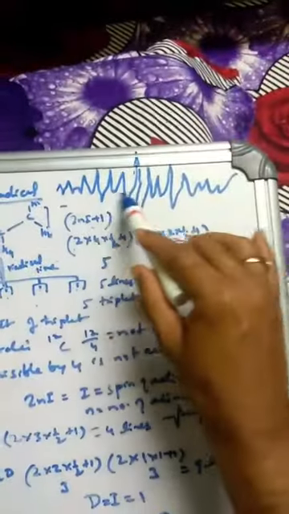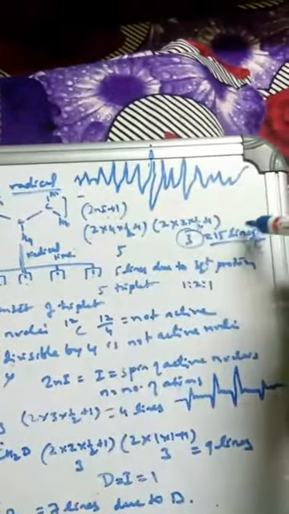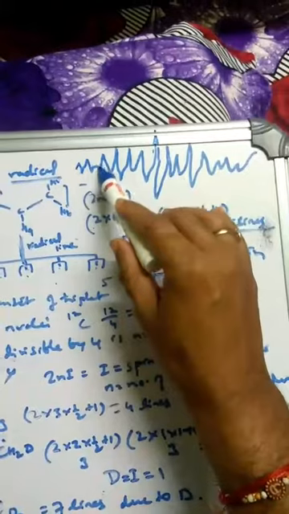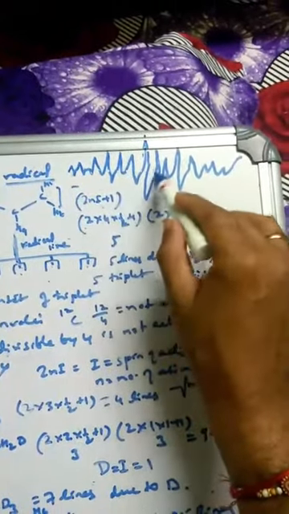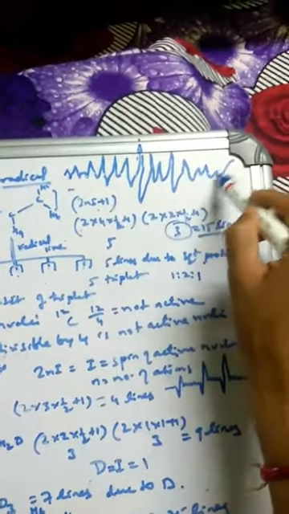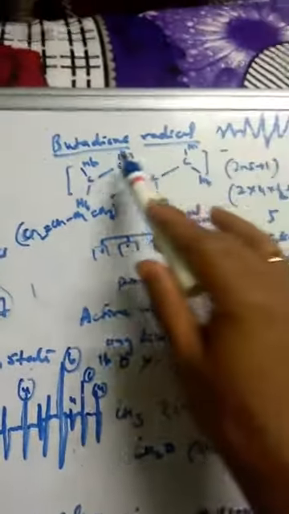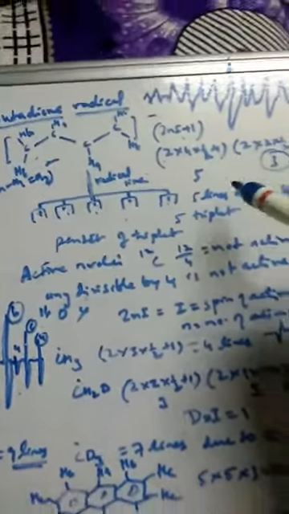See how complicated it is. So totally how many lines? 15 lines: 1 2 3 4 5 6 7 8 9 10 11 12 13 14 15. So we get 15 lines in the EPR or ESR spectrum for this butadiene radical anion.